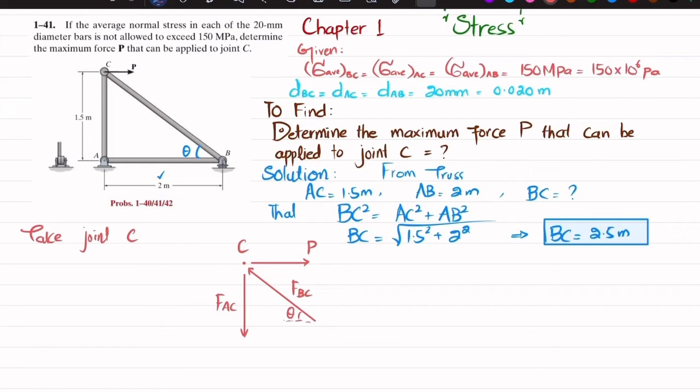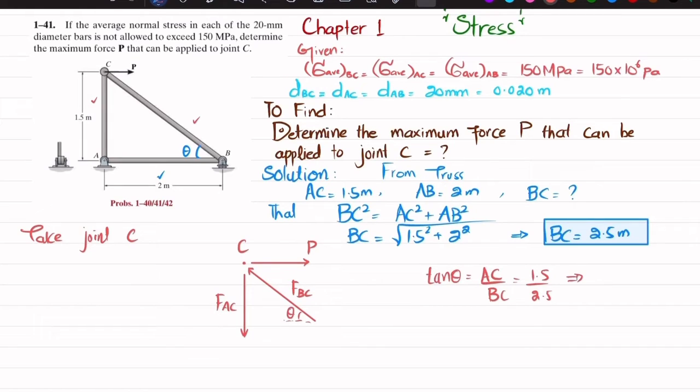Here this FBC will make an angle theta. So we'll find this theta, and we know that tangent of theta is equal to this perpendicular, which is AC, divided by this hypotenuse, which is BC. So I will write AC over BC. The length of AC is 1.5, length of BC is 2.5.